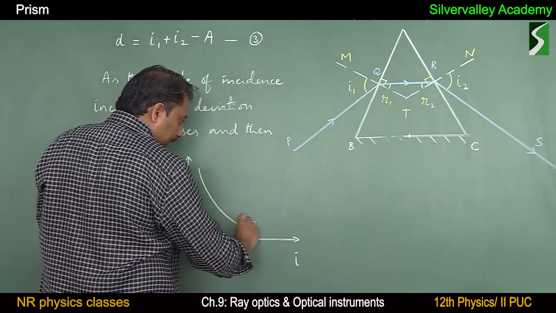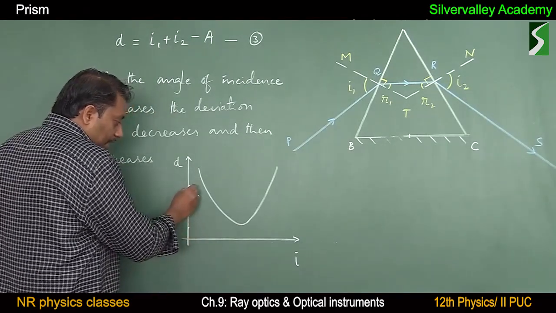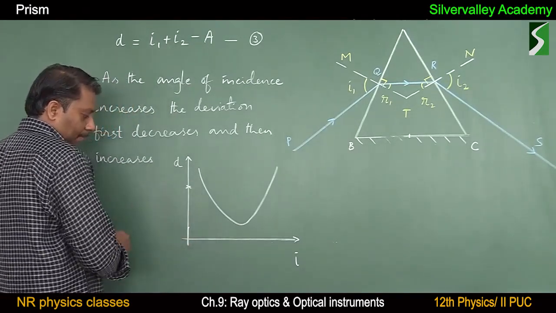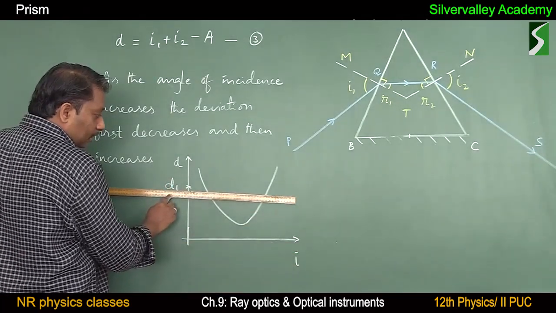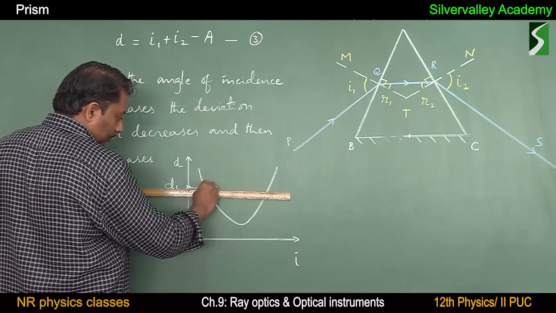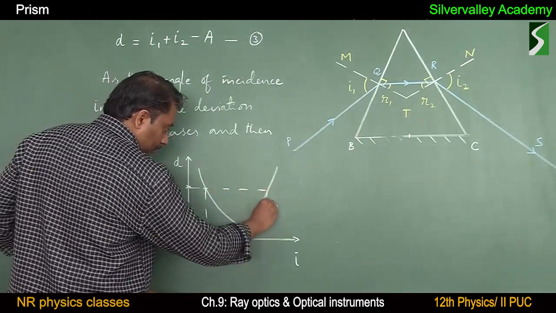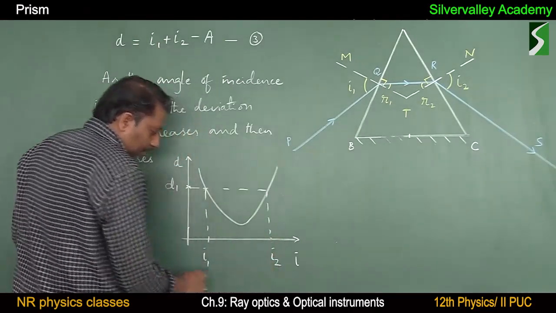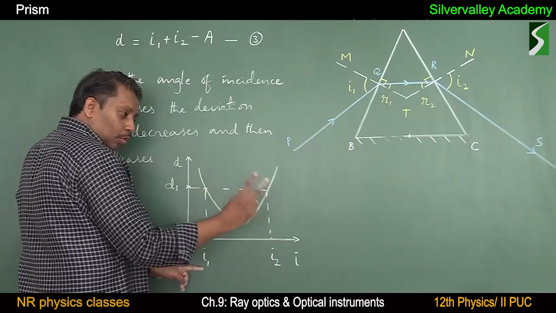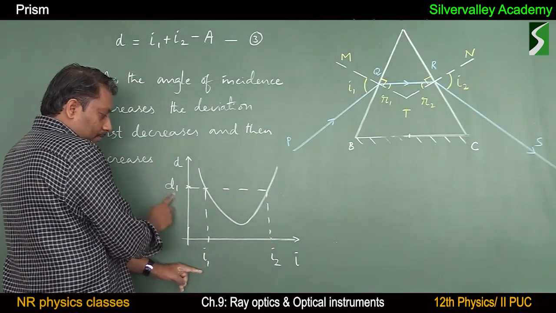It goes like this. So, if you consider any deviation, that deviation can be obtained at two angles. This is I1 and I2. See, for I1 and I2, for two angles, we get the same deviation, which is not appropriate.